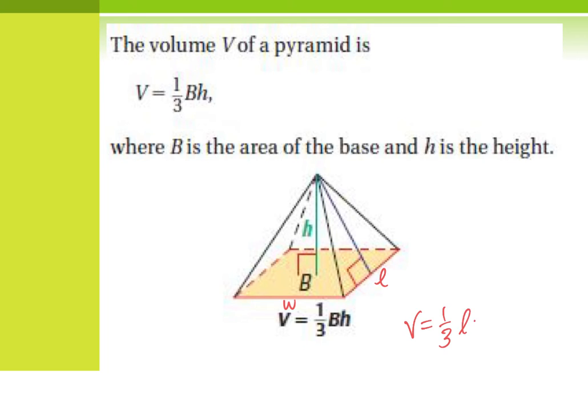Very good. It's just length times width times your height, okay? And it's length times width because in order to find the area of any rectangle or square, you just multiply the length and the width together. Questions?